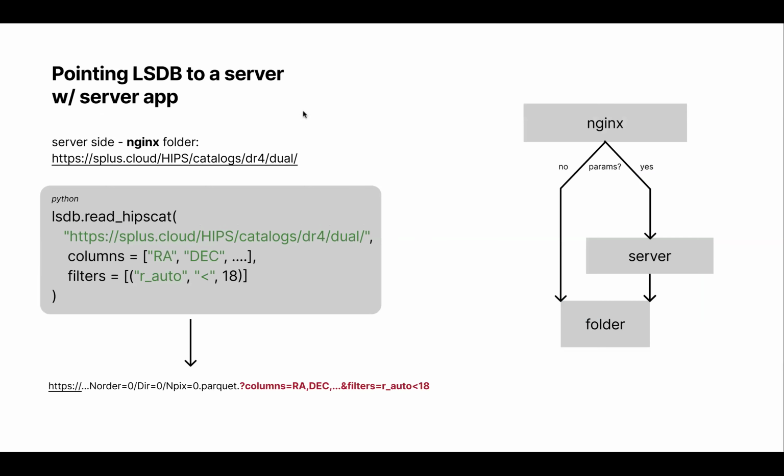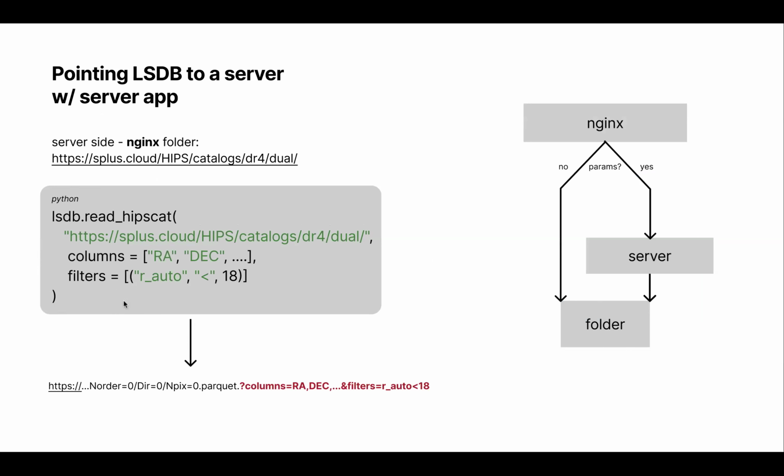So you can see in this snippet of code here that we can point to a remote file system and then specify certain columns and filters. And this is already working on the latest version of LSDB.